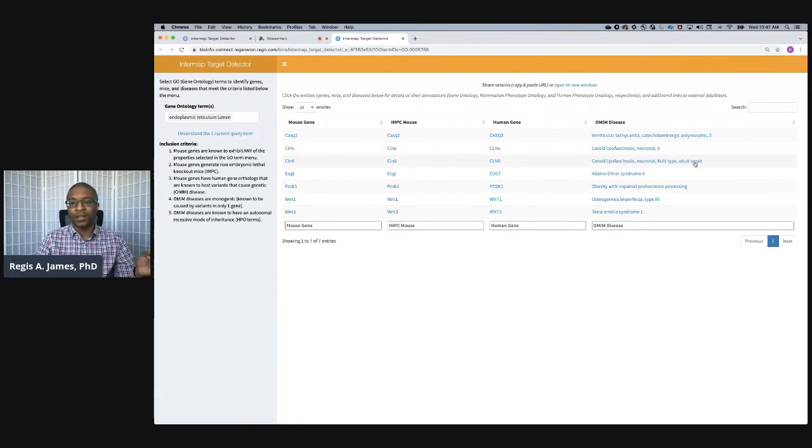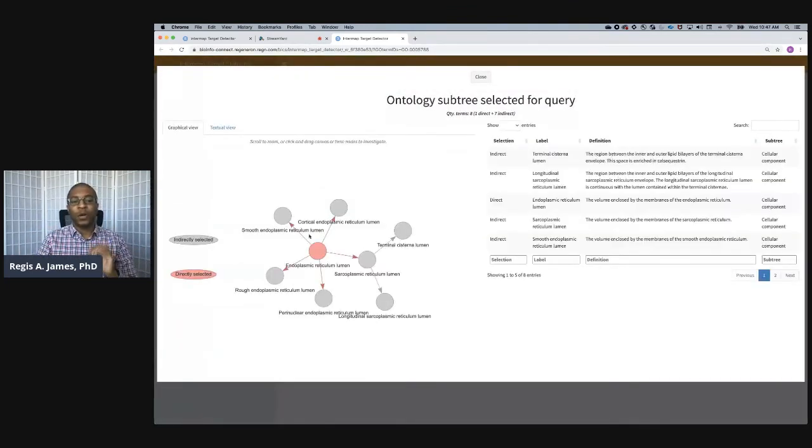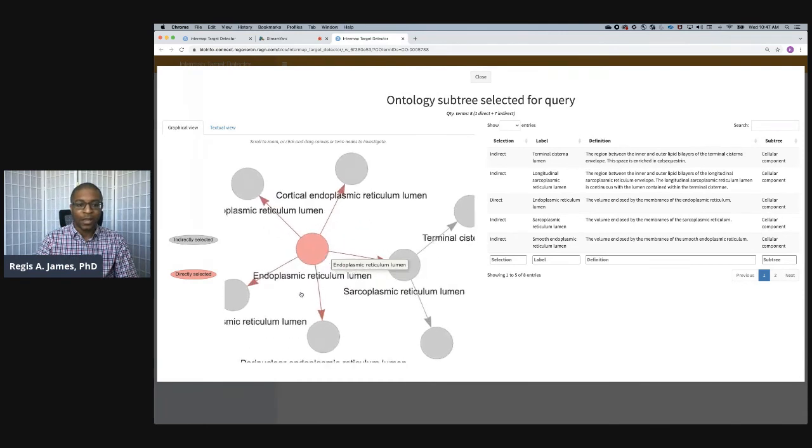So we see adult onset ceroid lipofuscinosis is a disease. Now, before digging into some of these results, I can click here and see what the computer is understanding, the computational reasoning behind it. So Kai selected endoplasmic reticulum lumen, as you can see here in this visNetwork interactive graphic.